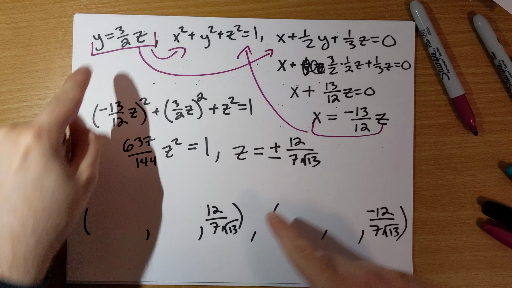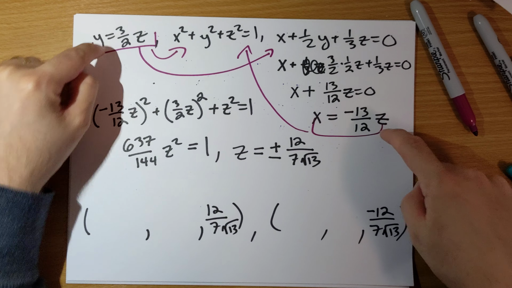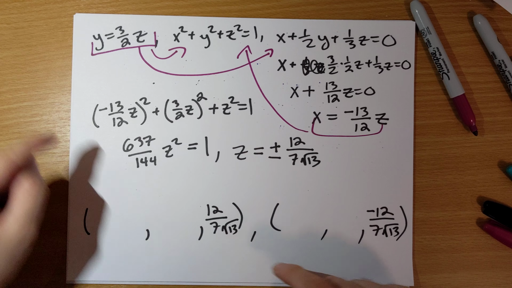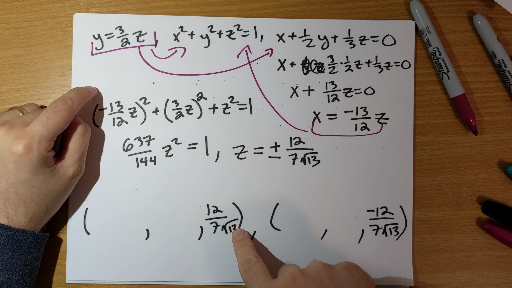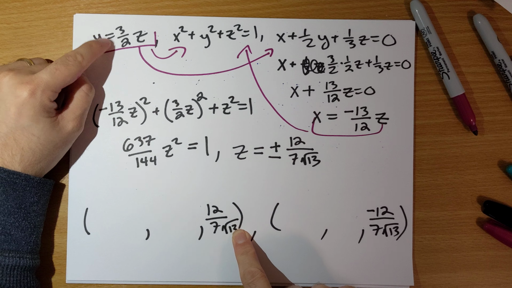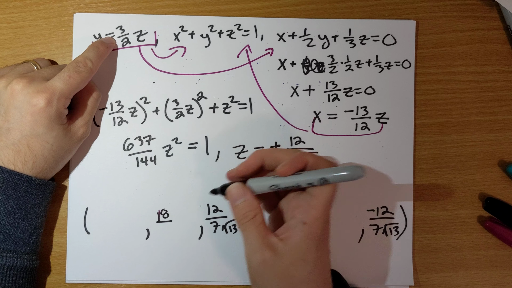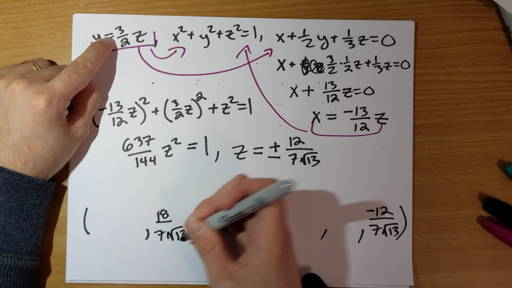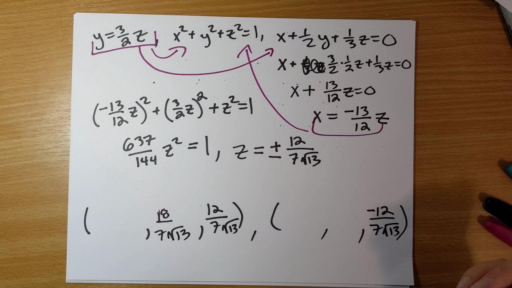And then we can use these two relationships here to figure out x and y. So if z is 12 over 7 times square root 13 and y is 3/2 times this, then we end up with 18 over 7 square root 13. And if x is negative 13 over 12 times z, then we have negative 13 over 7 times square root 13.